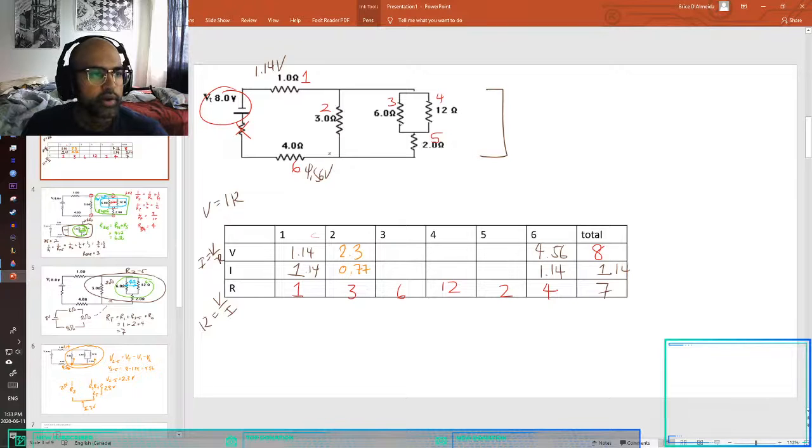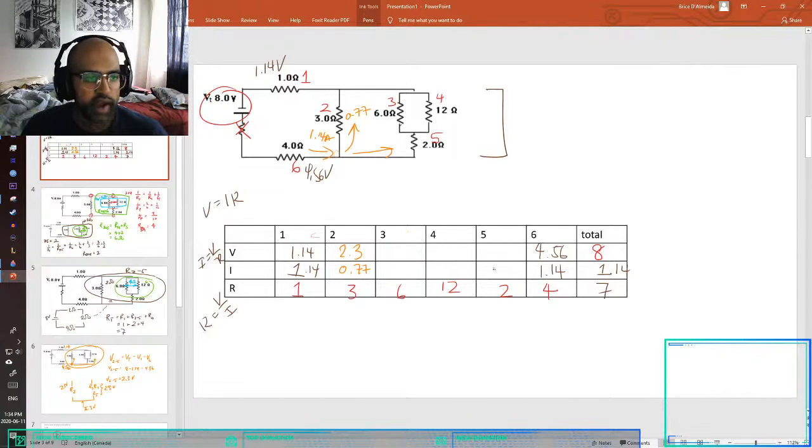Now, if we analyze, remember, how much current is coming out of here? 1.14 amps. This 1.14 amps is going to be split up into 2 locations. If this one has 0.77 amps, we can calculate what is the leftover for resistor 5.